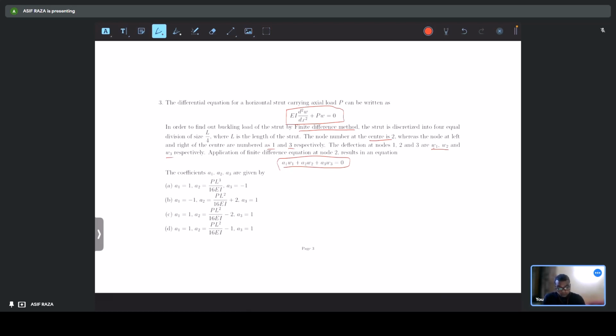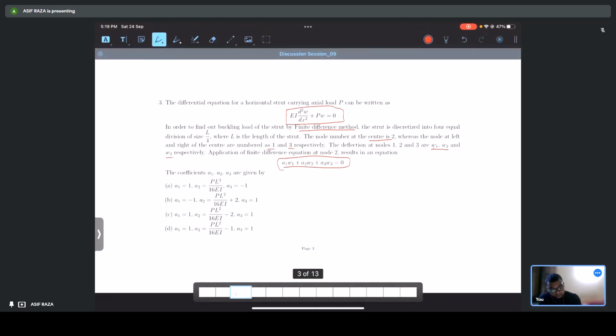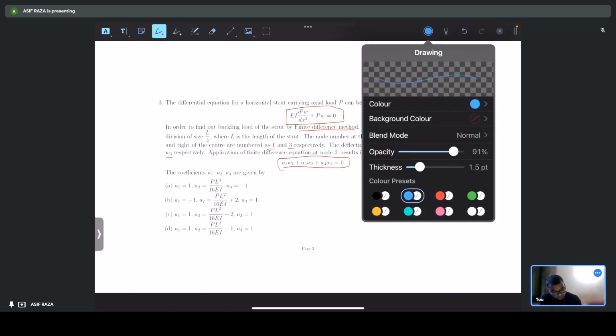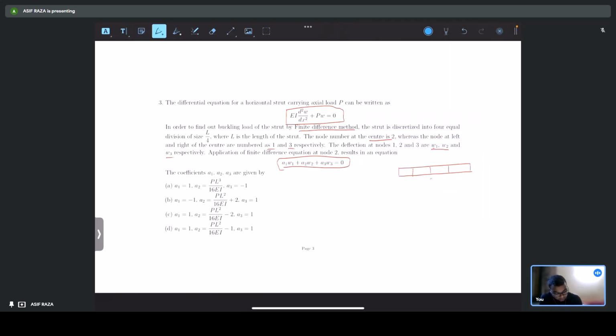First you need to know what my element is. We have a horizontal strut element of length L, which is discretized into 4 equal divisions. The center one has been named W2, the left one 1 and the right one 3. Each of these lengths is L by 4.